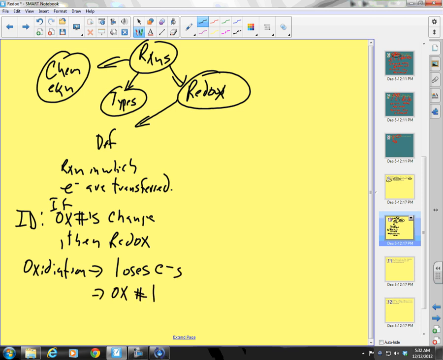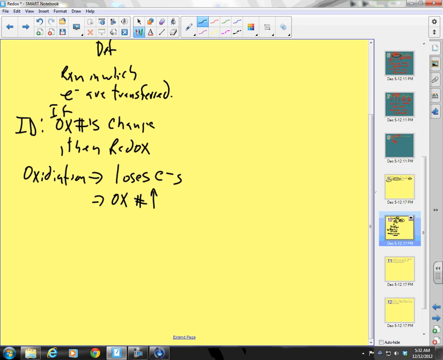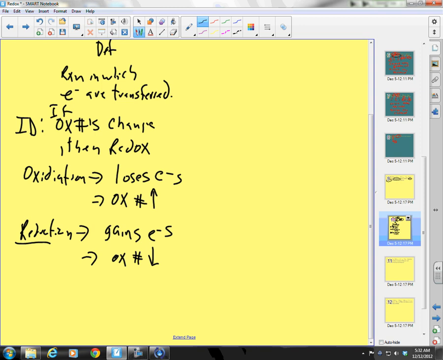The oxidation number for that species increases, and I can have reduction. And what happens during reduction? In reduction, a species gains electrons, and what happens to its oxidation state? Its oxidation state goes down. Reduce, go down, right? Good. And so that's kind of our overview of redox.